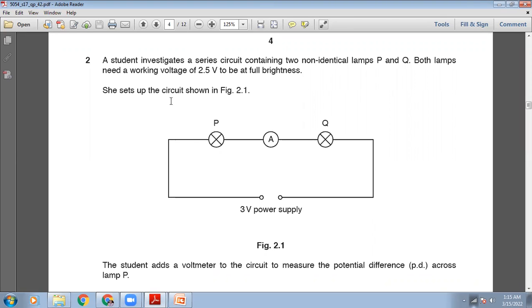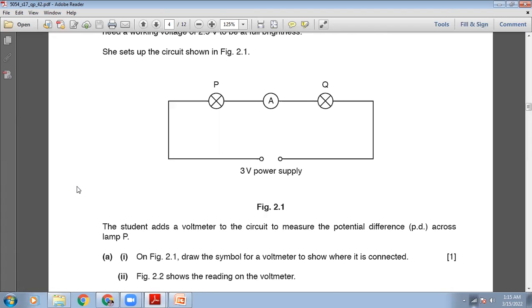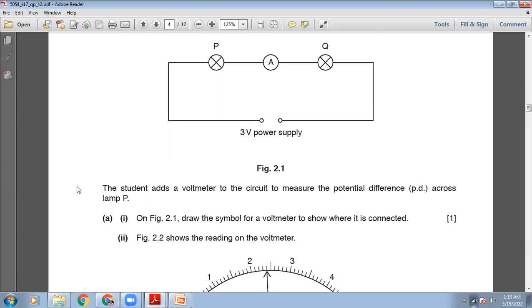The student adds a voltmeter to the circuit to measure the potential difference across the lamp P. So part A, first portion: on the figure 2.1, draw the symbol for a voltmeter to show where it is connected. So we have to add a voltmeter which can measure the voltage drop across the lamp P.